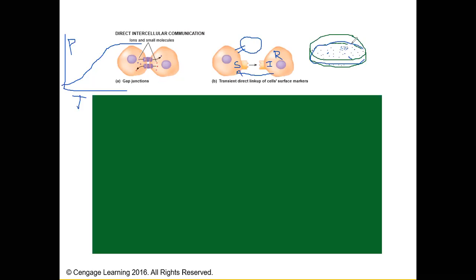When they are at that point, the cells are still alive, but the numbers will not increase or decrease, they level off. Okay, so this is a very good example of how surface markers can influence each other, and they cause a response in the receiving cell.